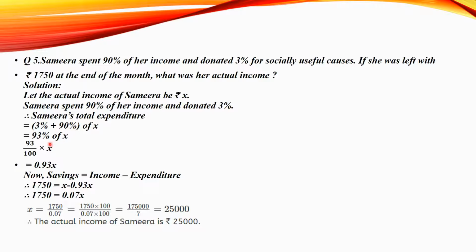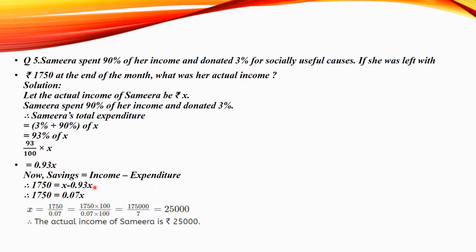Now 93% of X is 93 upon 100 multiplied by X, which is equal to 0.93X. Now saving is equal to income minus expenditure, which is given as 1,750, and that is equal to X minus 0.93X.